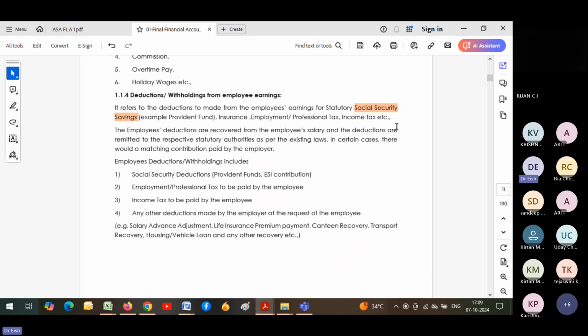Example, Provident Fund. You get a social security number, and wherever you go, that number is available to you. Here, the social security number is what we call the PF number, and with that number you can control things. Okay.